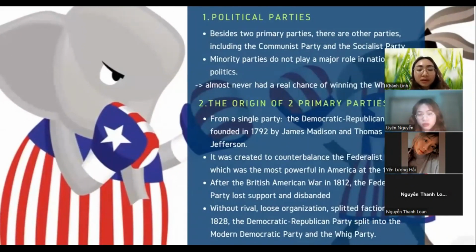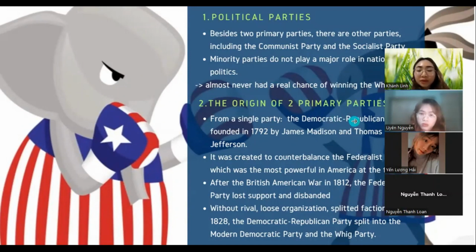Minority parties also sometimes win positions in subordinate governments, but these parties do not play a major role in national politics. For too long, these third parties have played only a dim role in US presidential contests and have appeared occasionally but almost never had a real chance of winning the White House.